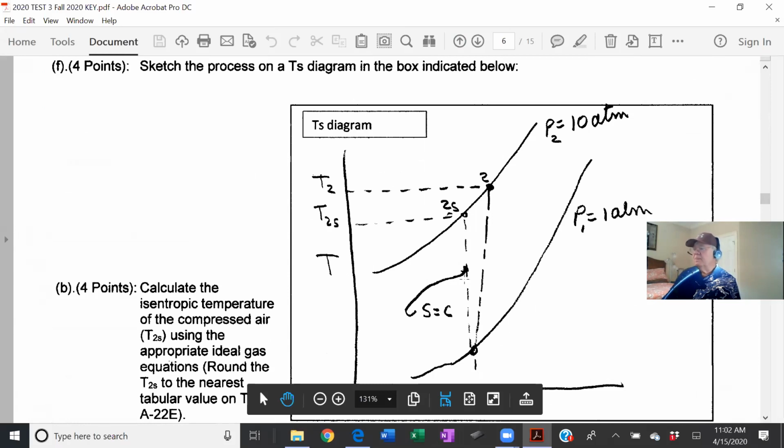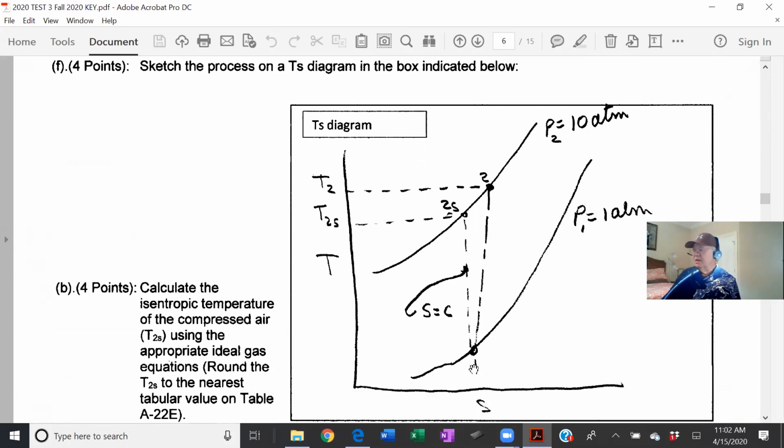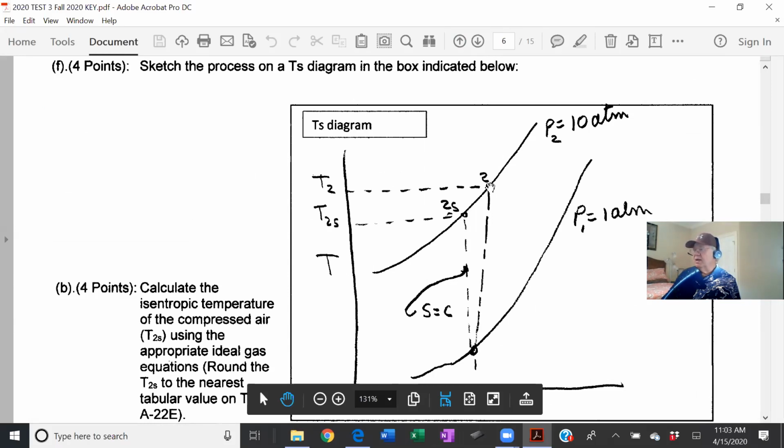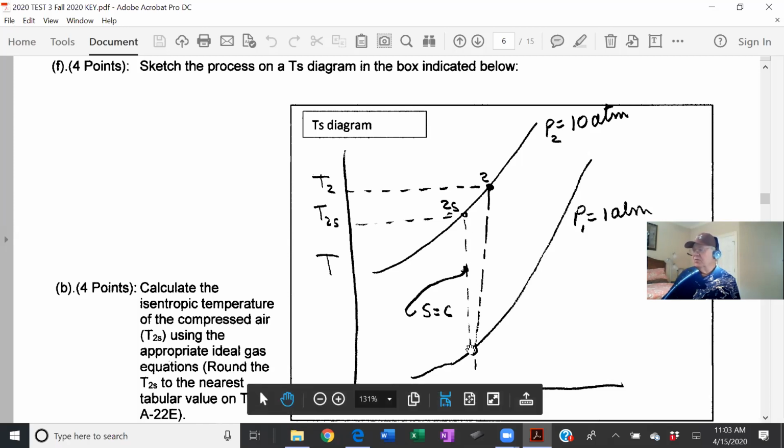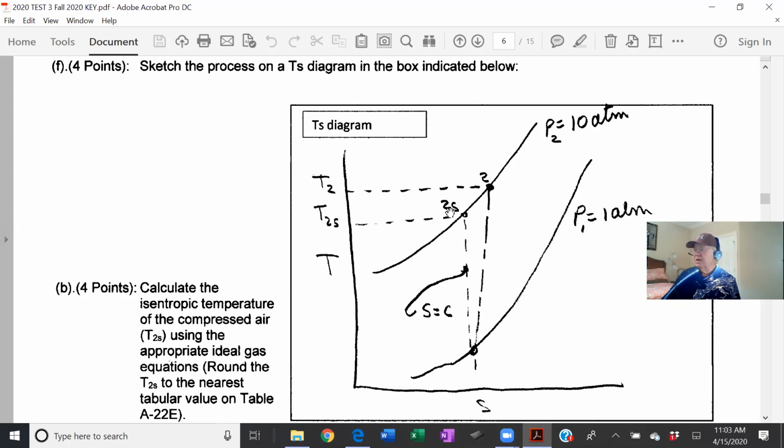I defined it as H1 minus H2S over H1 minus H2. You can see the least amount of work goes in the numerator. The book had this switched around, with the same components in the numerator and denominator switched: H2S minus H1 over H2 minus H1. And Kelly, I know that fouled you up a little bit because it didn't agree with the book.